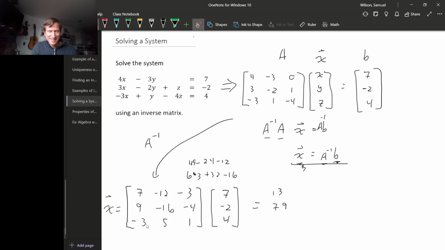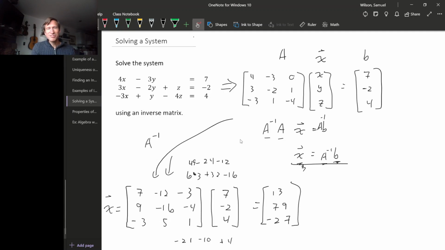And then minus 21 minus 10 plus 4, so negative 31 plus 4, negative 27. Okay. And we did it, just that easy, as long as we have this matrix multiplication.